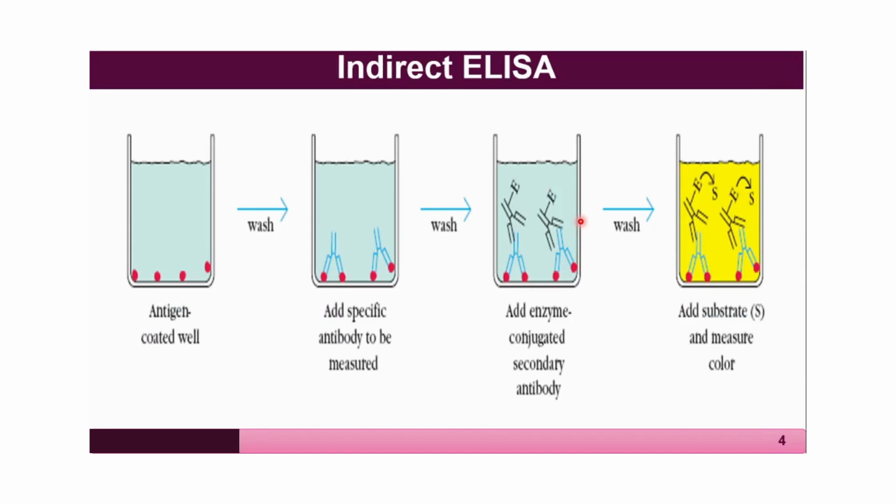For this technique, the antigen is immobilized on the inert surface of a container, and the corresponding antibody to be detected in the patient's serum is supposed to be added to this container.